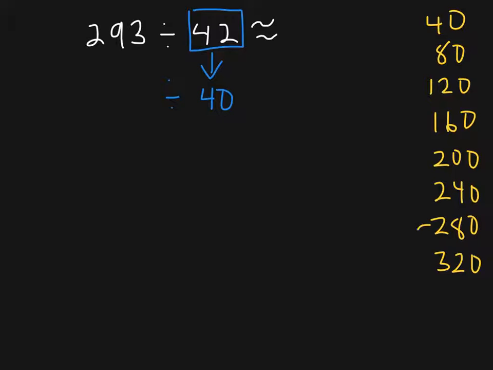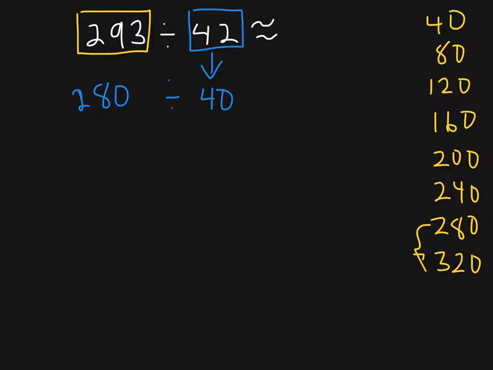And when I get down here, I can see that 280 and 320 are both pretty close to 293. I think 280 is a little bit closer, right? It's only 13 less, and 320 is 27 more. So 280 is a little bit closer. So I'm going to go ahead and use 280 as my compatible number.